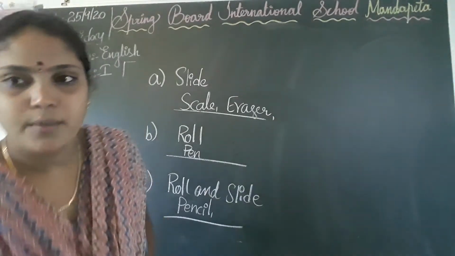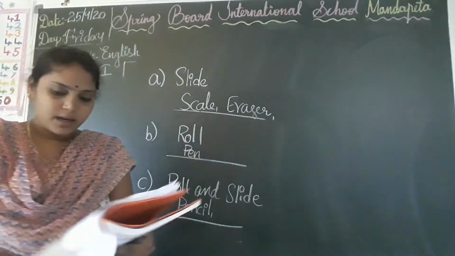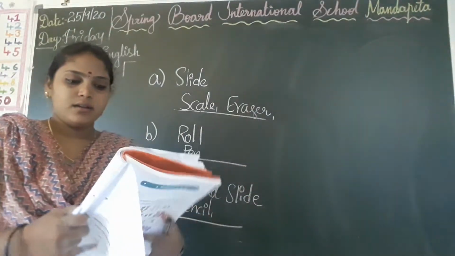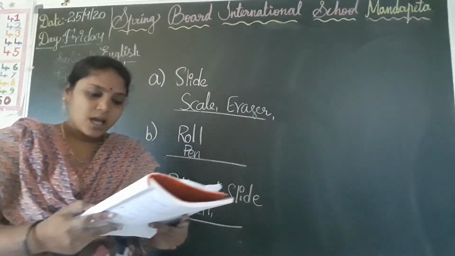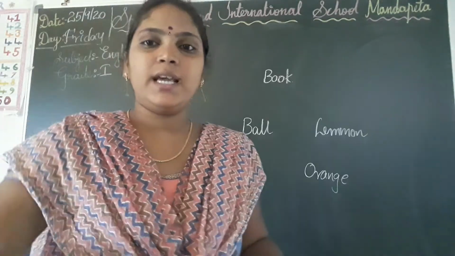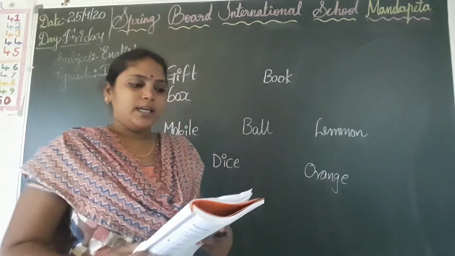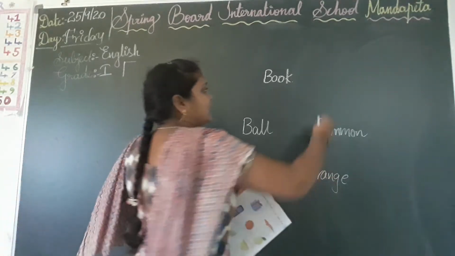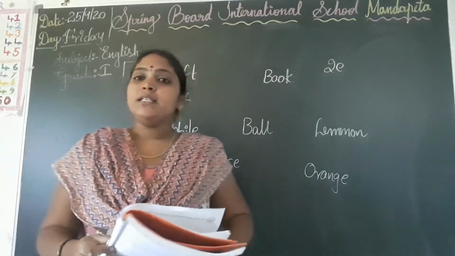Next, everyone open companion page number 16. Children, let us read the question, everyone. 2E. Circle the objects that roll and tick the objects that slide.